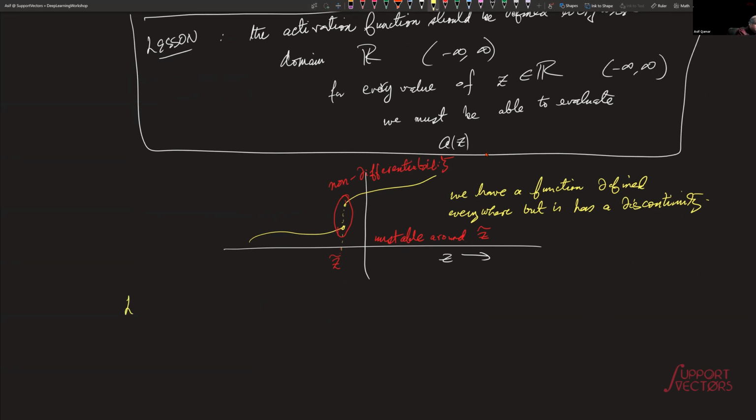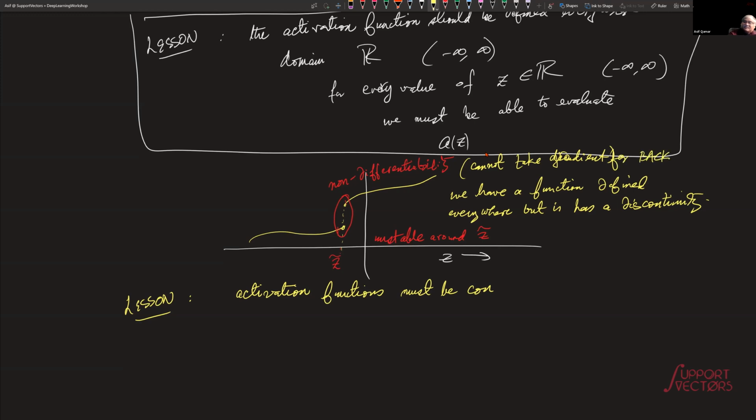Lesson is activation functions must be continuous everywhere. So the reason is non-differentiability, cannot take gradient derivative. Gradient, let me just say gradient for backprop. Now, so activation functions must be continuous.